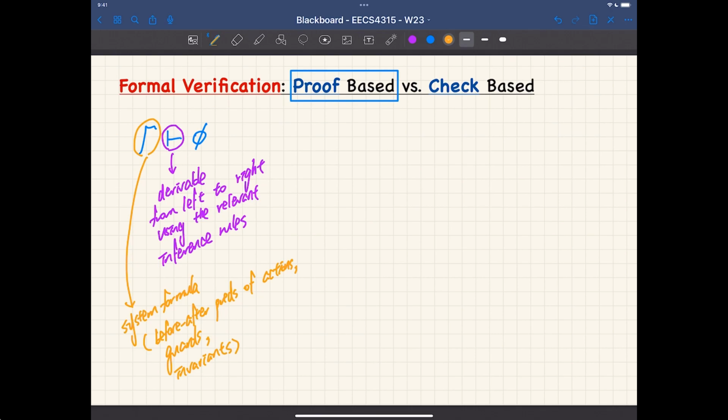That'll be the antecedents or assumptions we can make. And we want to say, based on this, we can apply a series of inference rules, and then finally get to the property we want to prove. That's basically what we're doing. So this one here really summarizes what we were doing in this whole course. And this one here is the property formula.